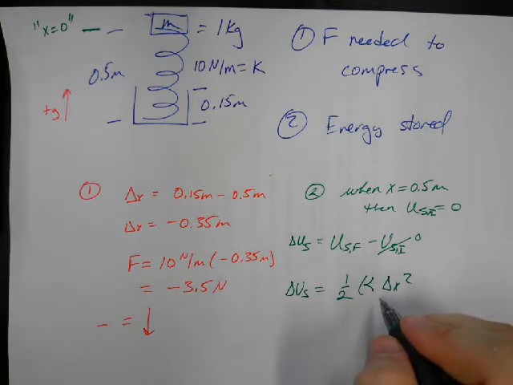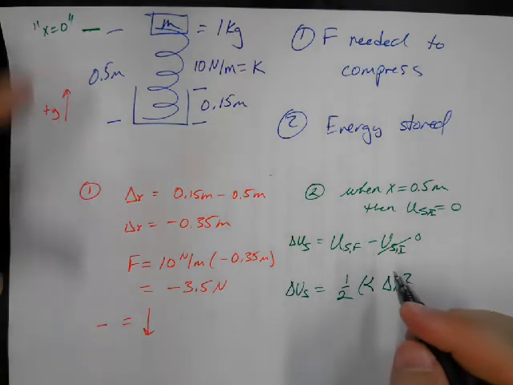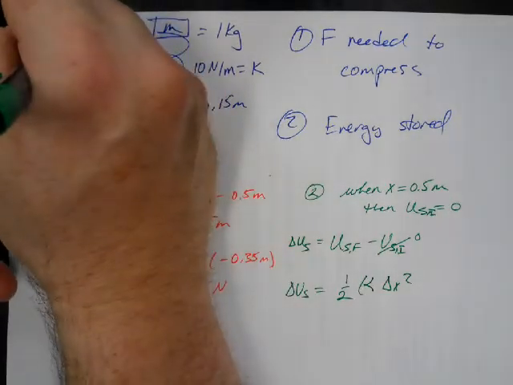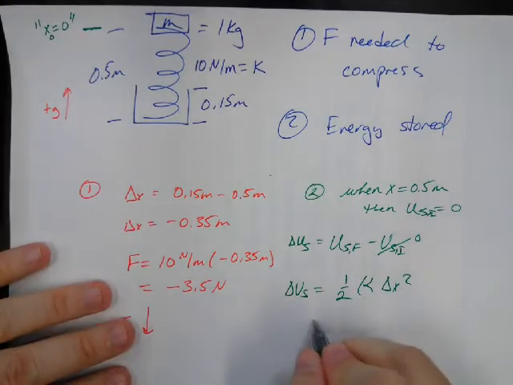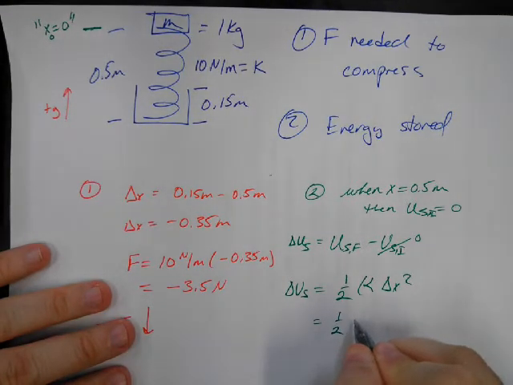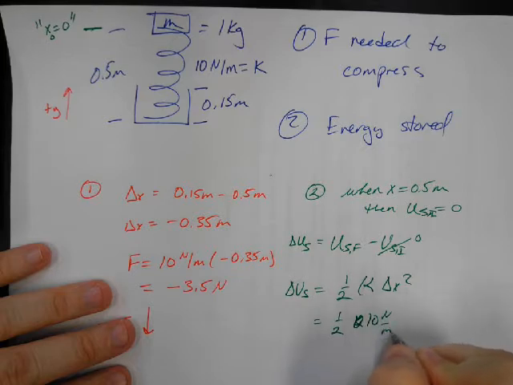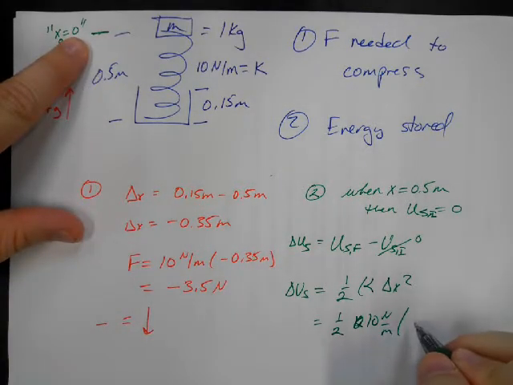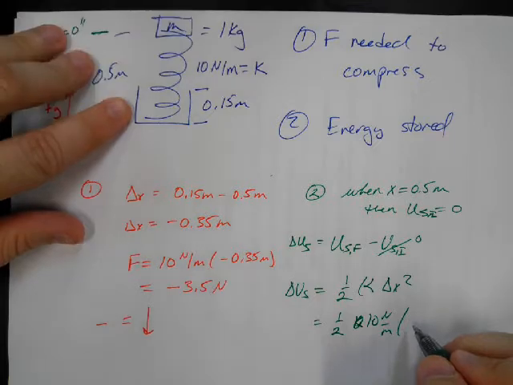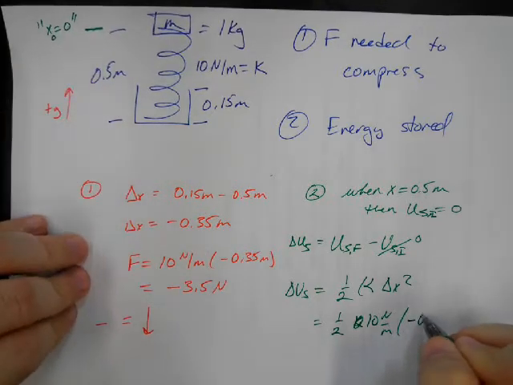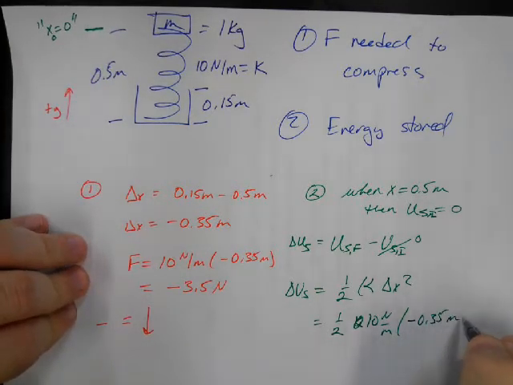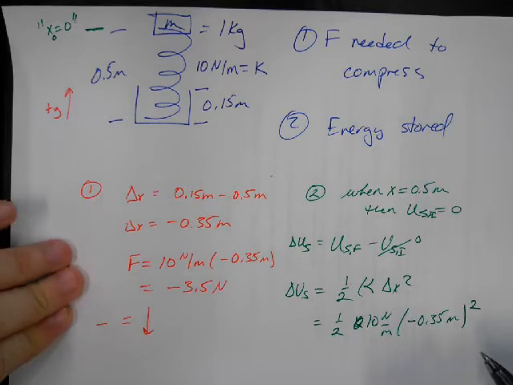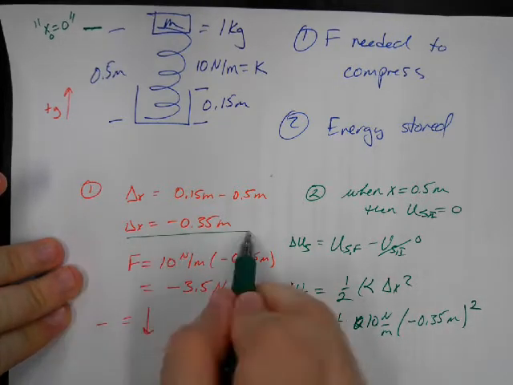Delta x here is being measured from our initial position, x initial. So this is going to be 1/2 times k, which is 10 newtons per meter, and then we're starting at 0.5 meters minus 0.15 meters, so it's minus 0.35 meters squared, because it's delta x here.